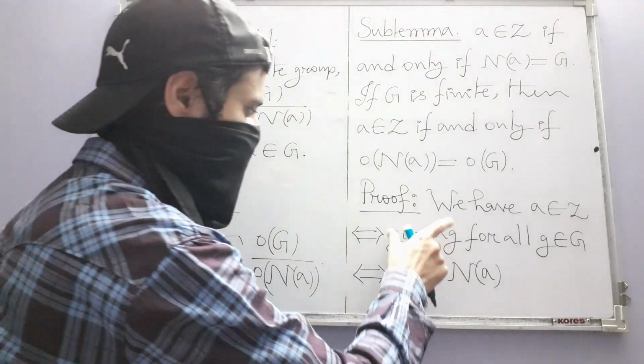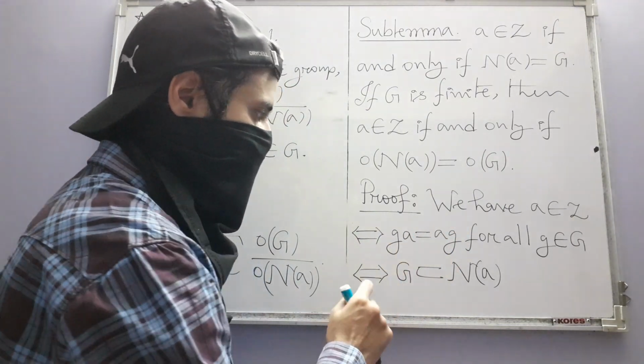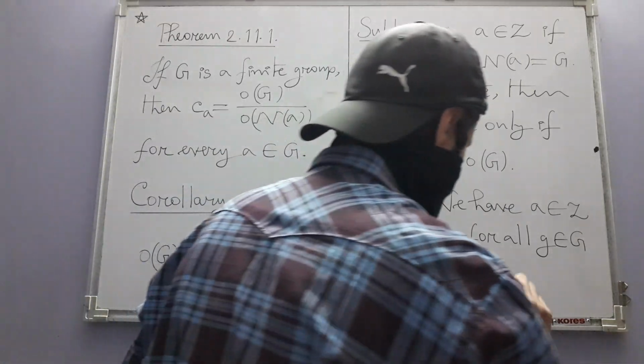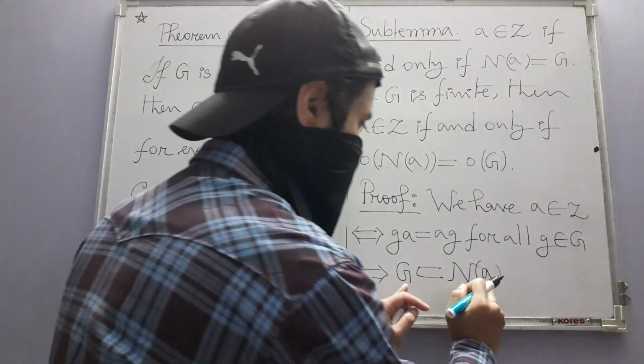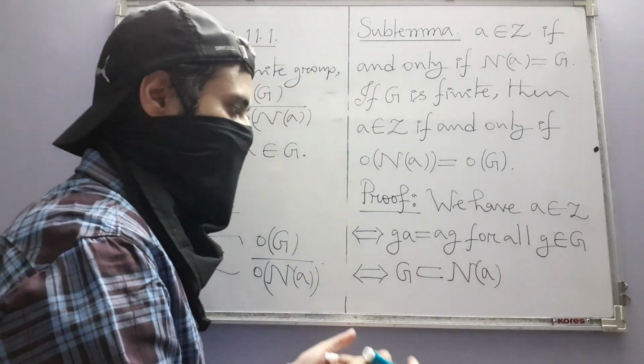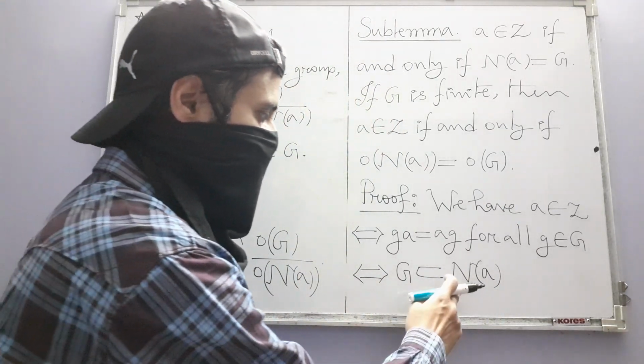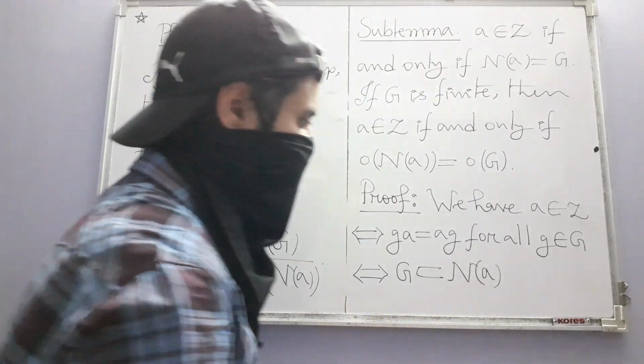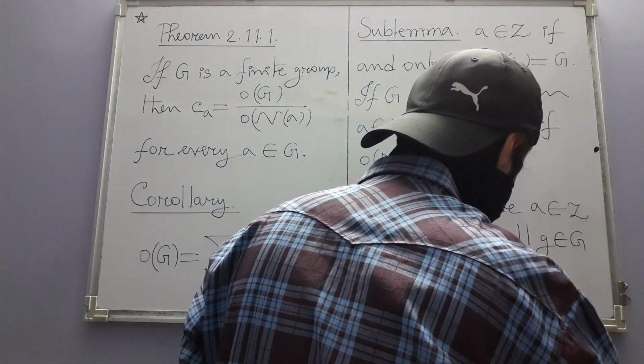So that means here we are not looking at simply implications, but rather equivalent statements. But we know that when this happens, then G is equal to NA, because NA automatically is already a subset of G, and conversely also.